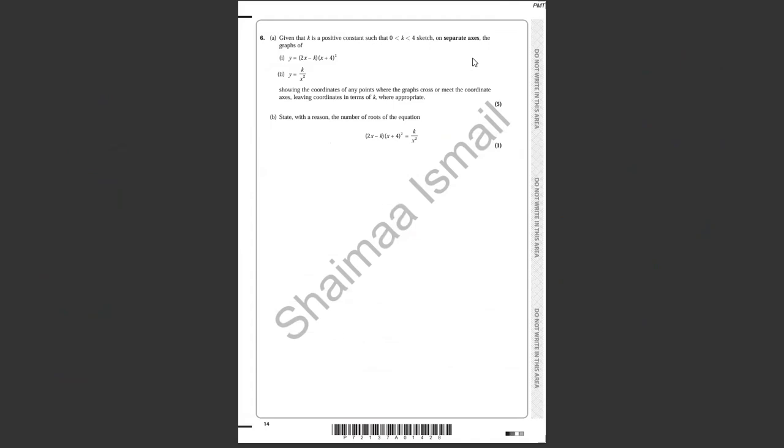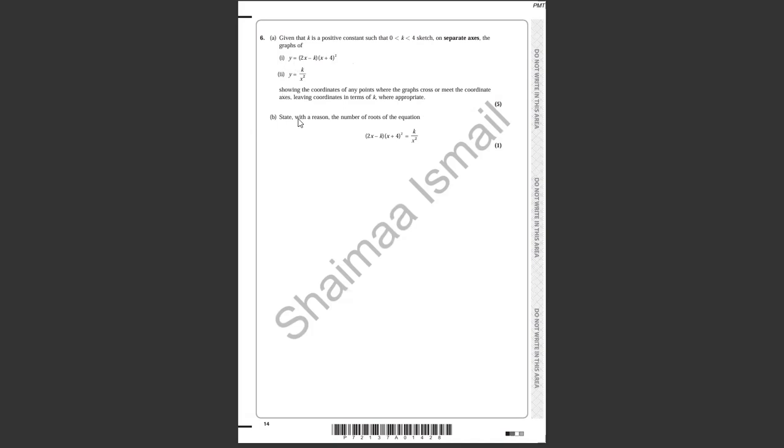Question number 6. Given k, k is a positive constant, so the k here has a range between 0 and 4. Sketch on separate axes, so different axes.